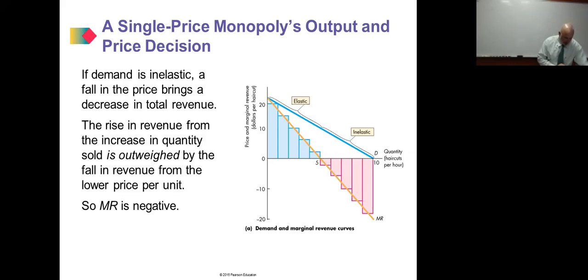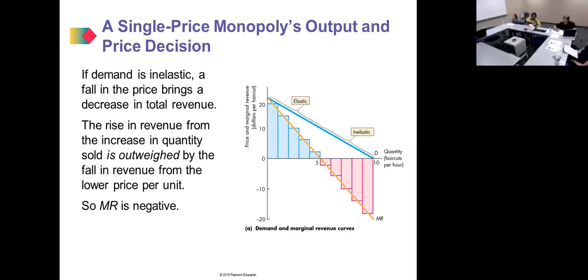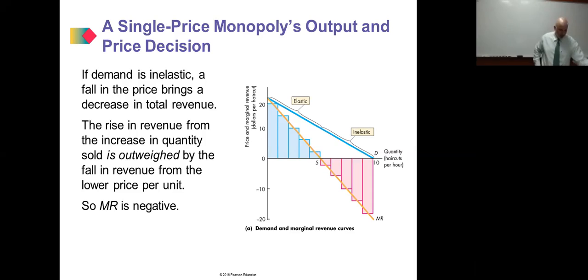What are we gaining from that price increase? What's happening to total revenue? When a range of 0 to 5, a price cut increases total revenue. So from 0 to 5, that's why we are elastic.